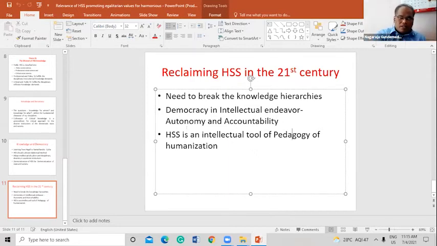So, friends, here I wish to give this concept: democratization and intellectual endeavor need to work on the principles of intellectual autonomy with intellectual accountability. Then only, friends, are we going to work towards a democratic society in the truest sense.